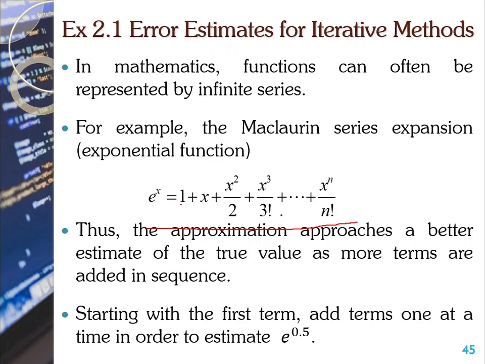So we are just going to try one example. That is, we are going to estimate e raised to the power 0.5, where our x here is just equal to 0.5. We are going to estimate this sequence and see how these errors are generated as we move on.